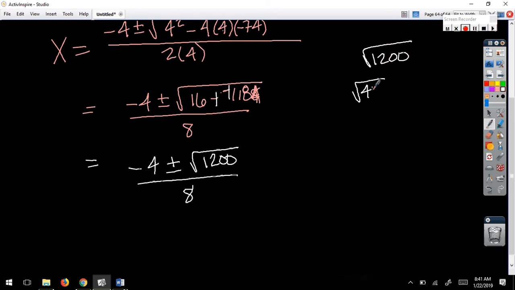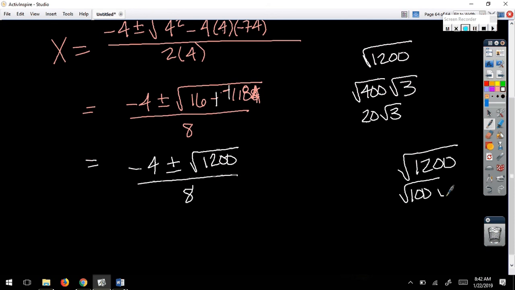If you didn't get that initially, that's okay. Let's say you did the 100 first. You got 10 root 12. Well, you would just keep going. It would just take you more steps to get there if you don't pick the biggest. So then you have 10, 4 and 3, and you come back to the same thing.